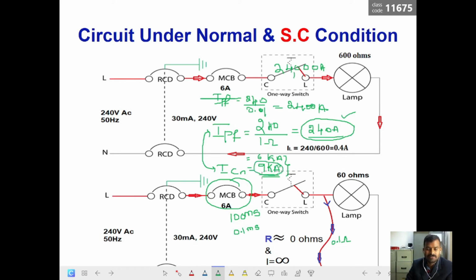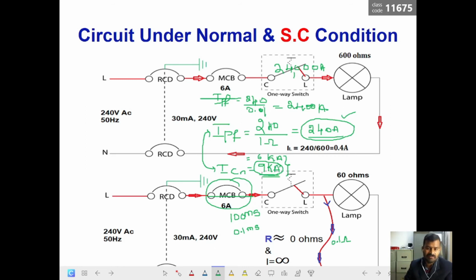Now the MCB cannot sustain. It will trip, but it will also be damaged, burnt out. This damage can lead to physical damage, it can lead to a dead short, and it may put the total circuit in trouble. So this is the difference.